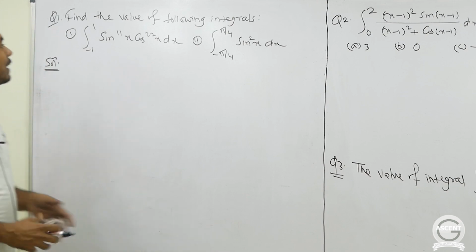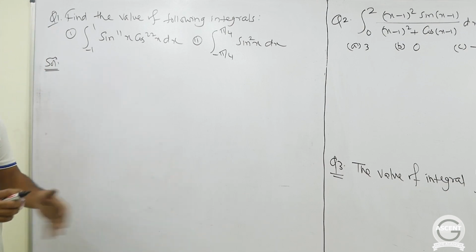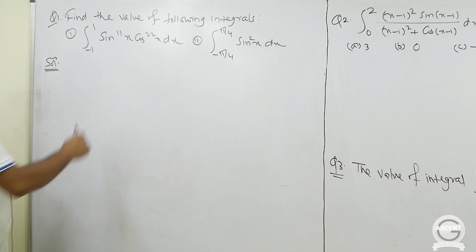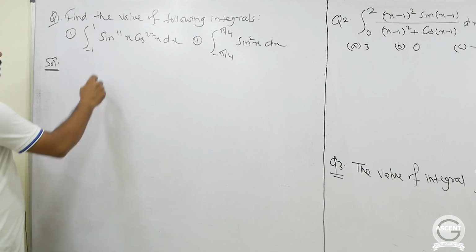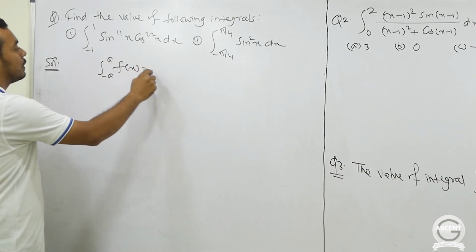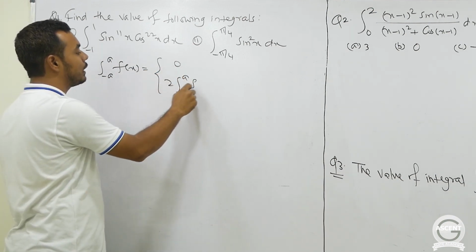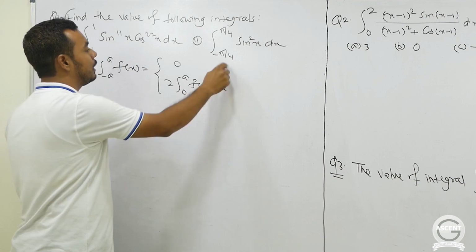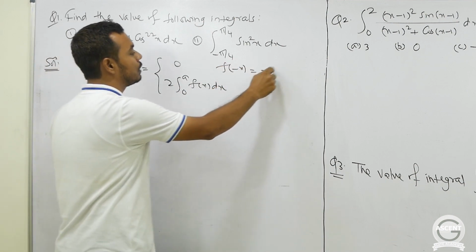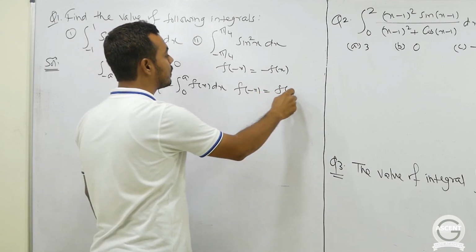Now we have these 3 problems based on our fifth property, which was for odd and even functions. So the property was that the value of the integral from minus a to a f(x) dx will be either 0 or 2 times the integral from 0 to a f(x) dx, depending on whether f(x) is an odd function or an even function.